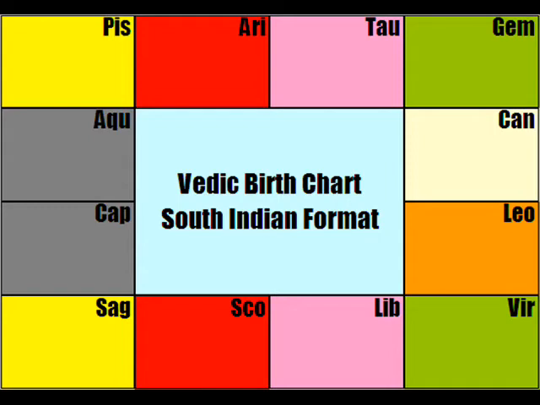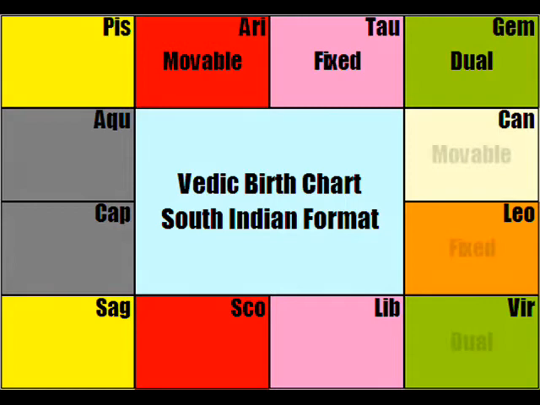The signs are classified as beginning from Aries, a movable sign, then Taurus, a fixed sign, and then Gemini, a dual sign. Repeat the same in that order and you will get the classification of the other signs accordingly.